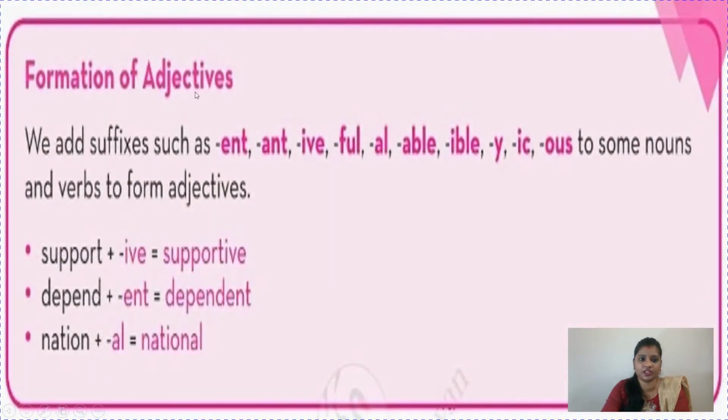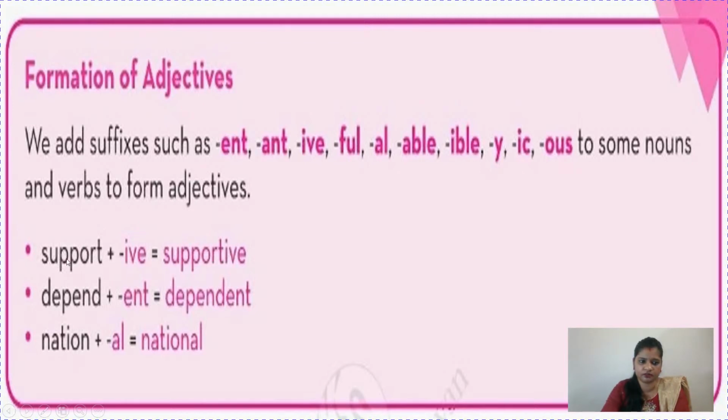Formation of adjectives. We add suffixes such as, see children, there is prefix and suffix. So suffix we add at the end, after the word, and prefix we add before the word. There are these words given here to some nouns and verbs to form adjectives, like support, depend, nation.